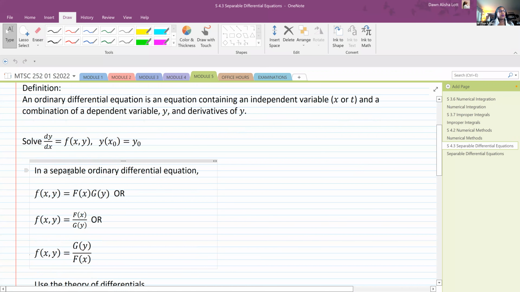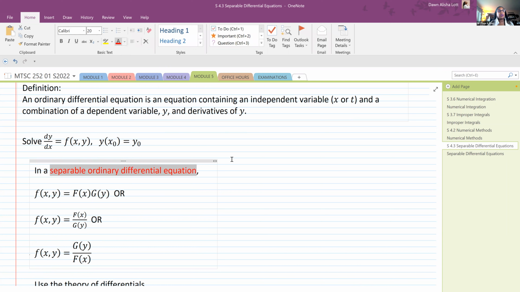The reason why it is called separable is because I can split f into a function of x times a function of y, or f of x, y may be a function of x over a function of y, or f of x, y may be a function of y over a function of x. Either way, I can separate it. They are completely separate functions from each other.